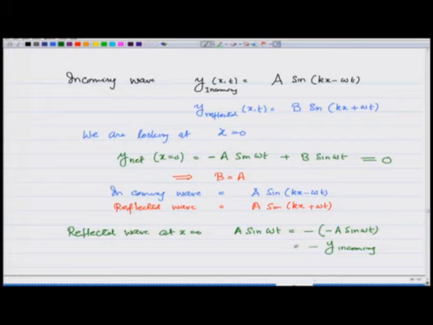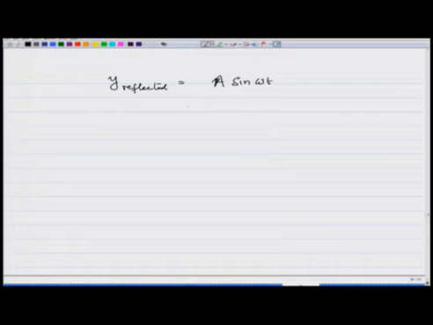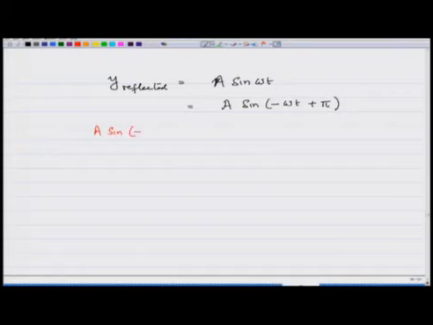So, the two waves are actually opposite, the displacements are opposite to each other. So, I can write that y reflected is equal to A sine of omega t, which I can also write as A sine of minus omega t plus pi. Why? Because A sine of minus omega t plus pi is going to be minus of A sine of minus omega t, which is equal to A sine of omega t.